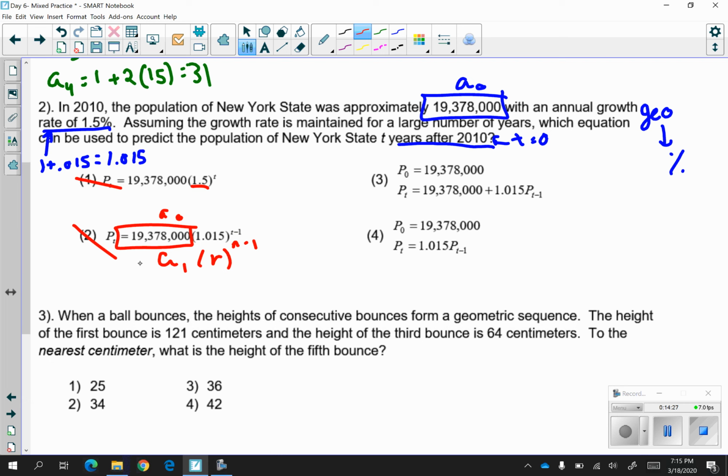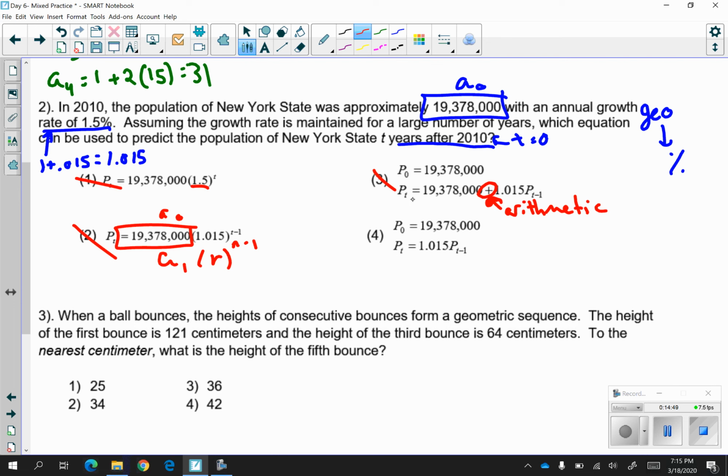I don't even know what's going on with choice 3 because this is also throwing arithmetic into the mix, right? Because you're adding. But then you're also multiplying, so it's also geometric, so you don't want that one either because it's arithmetic and geometric, which we said before was neither of them.